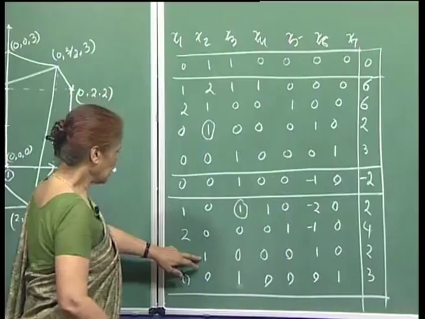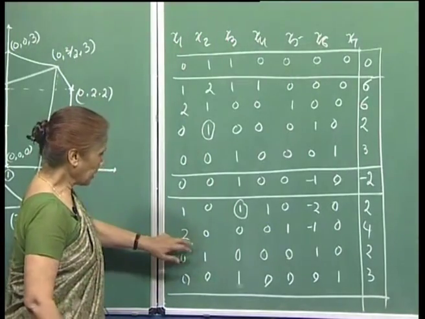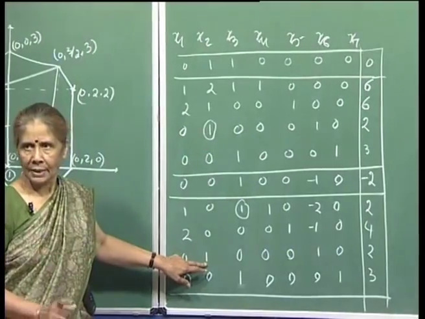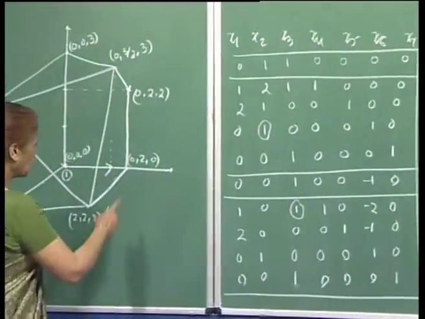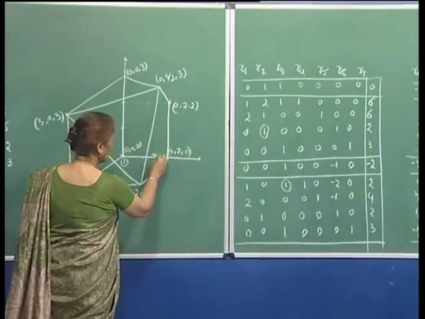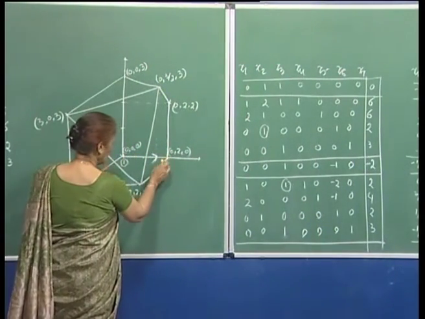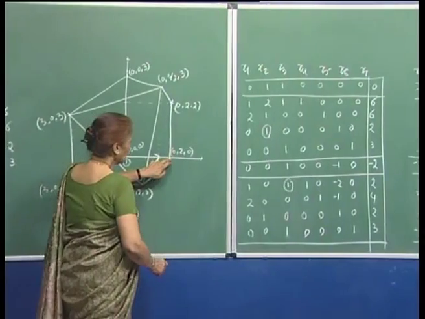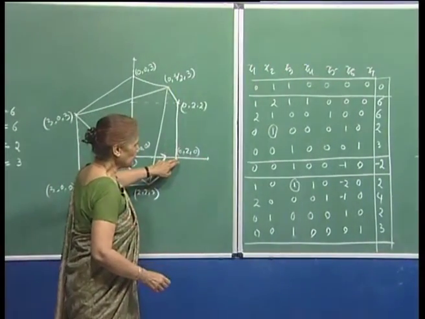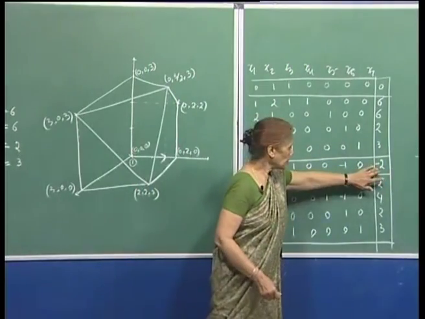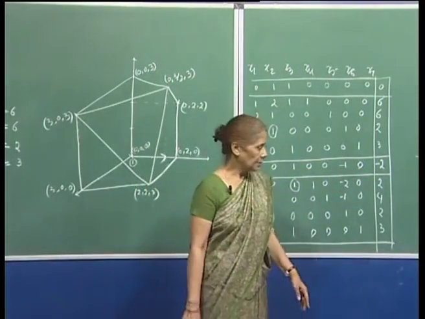So essentially out of x1, x2, x3, only x2 has become equal to 2, x1 and x3 are still 0. So the extreme point is 0 2 0. Therefore the simplex algorithm from here will go along this edge of the polytope and come to this extreme point where the value of the objective function has now gone up from 0 to 2. Remember, this number shows you the minus of the objective function value.